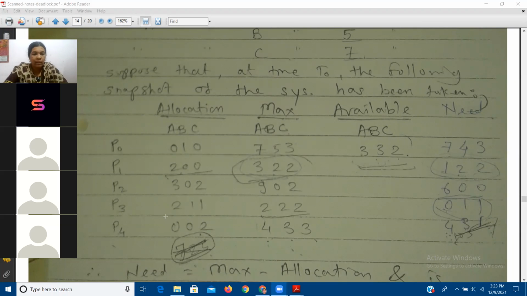Anybody has calculated the safe sequence? If you have completed, post it on the group.